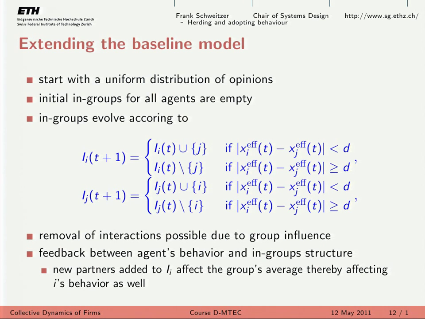So let's assume after a number of interactions with other partners, I just by chance have another interaction with you, but our x, because we had different other experience in the meantime, our x have diverged. So then why should we keep each other in the in-group? Not at all, right? So that's what this also means. I hope you understand this. So this is a removal, and that's the inclusion.